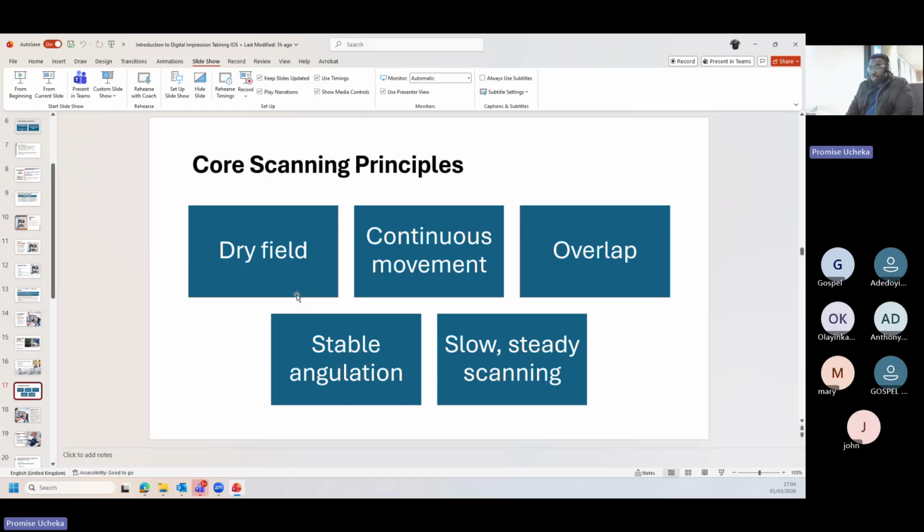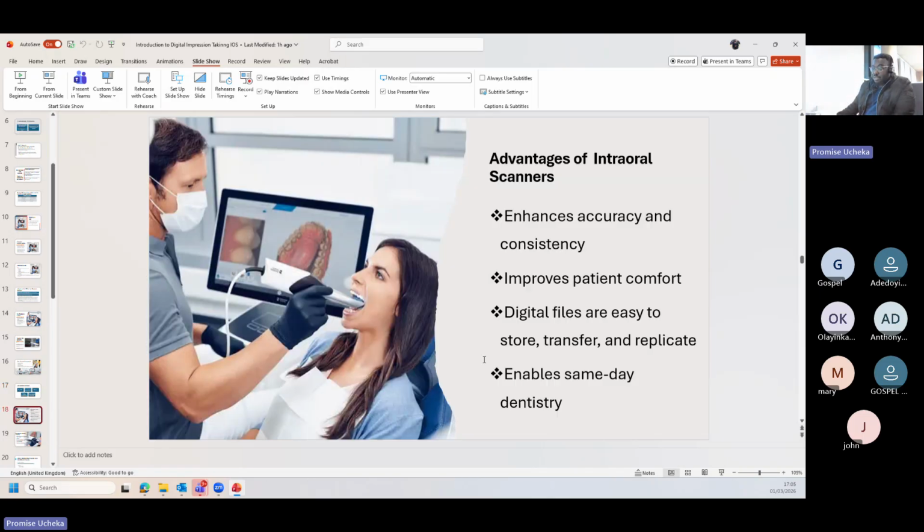Overlap, stable angulation. You need to make sure that your angulation is stable, and slow, steady scanning is also another principle you need to be aware of. So please try to be aware of these major principles of intraoral scanning, regardless of what kind of product you are using.